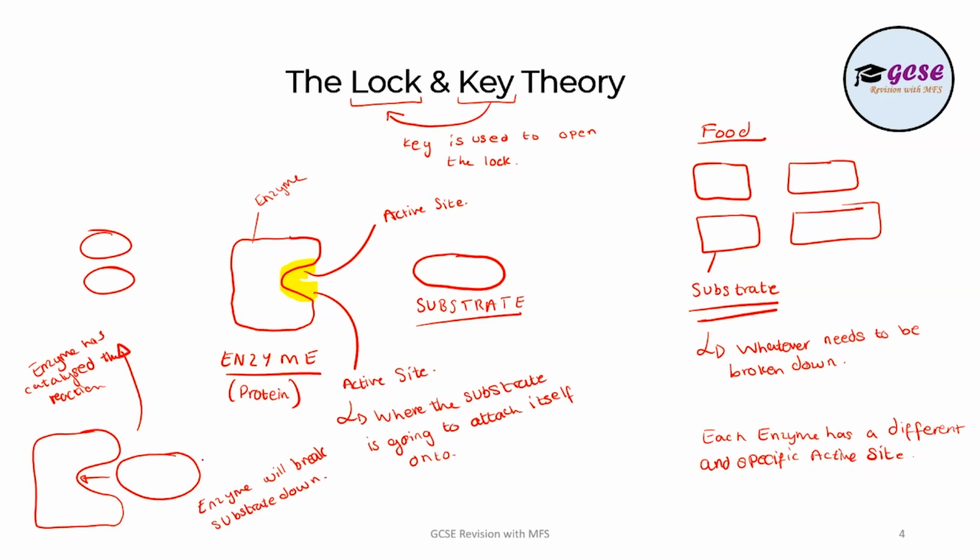If I go through the key parts, we've got the enzyme, which is a protein. Each enzyme has a specific active site. Remember that it has a specific active site. The substrate is whatever needs to be broken down. The substrate binds into the active site of the enzyme.